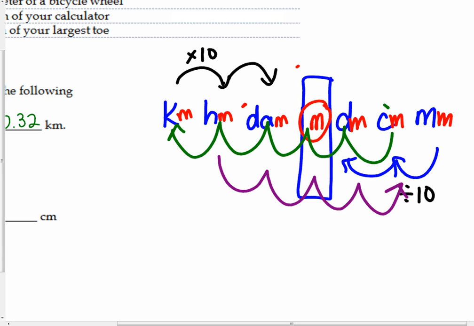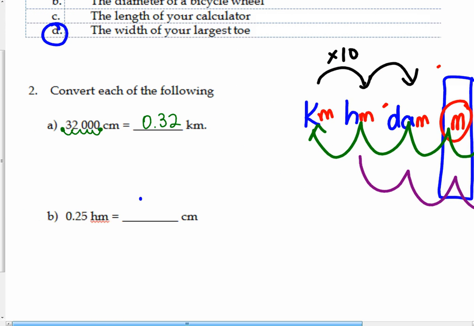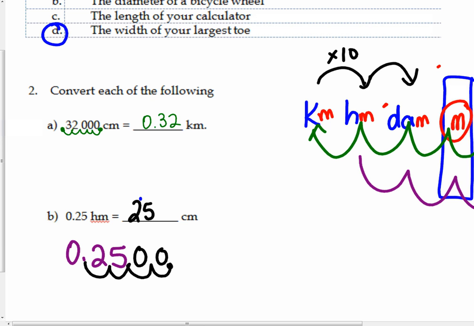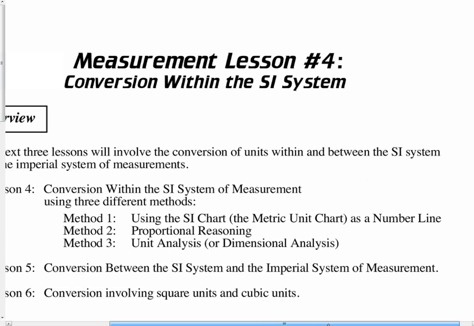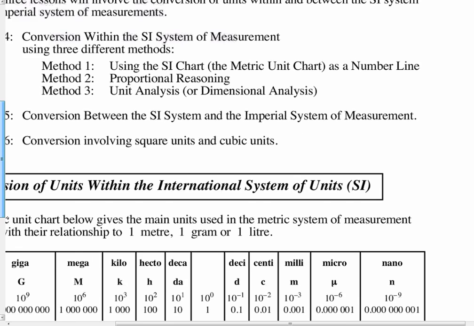How many jumps to get over? 4 jumps. So we take our decimal place and I want to move 4 to the right. What happens when there's no number there? You add 0s. So 1, 2, 3, 4 gives you 2,500. Pretty simple? Okay. So your workbook, I'm not going to go through all of these. Let's look at the next page.